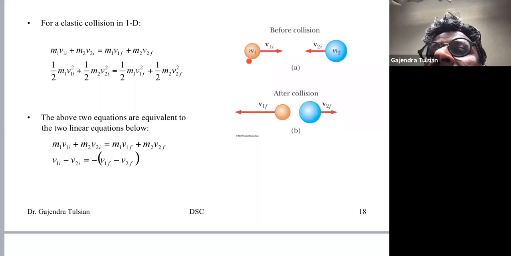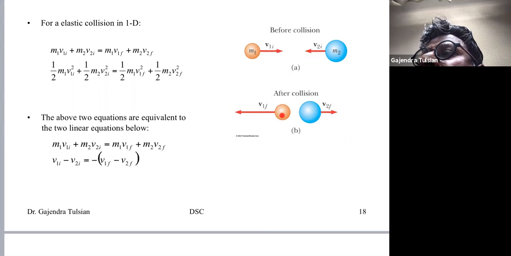Now, what this equation is telling you is that this term is relative velocity. For instance, if this object were going at 10 meters per second and this one is coming at 5 meters per second, if you were sitting on him, this guy will appear to come at you at 15 meters per second. That's what this term tells you: 10 minus negative 5 is 15 meters per second.